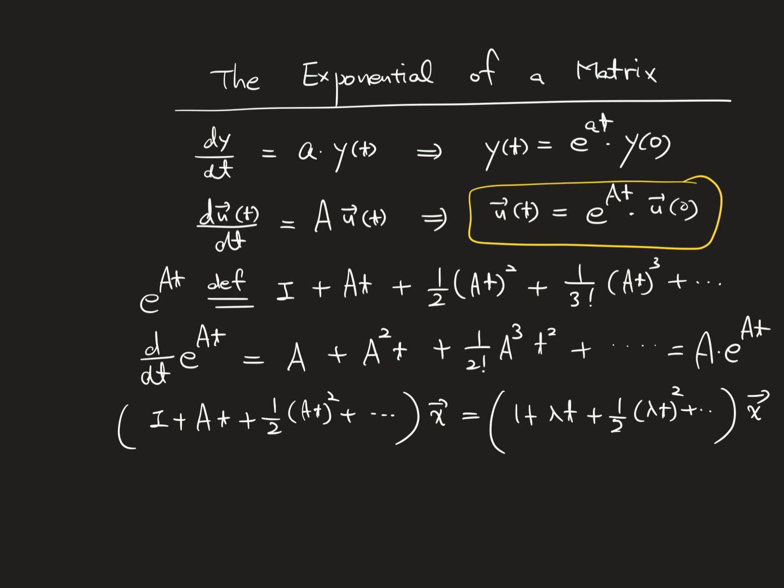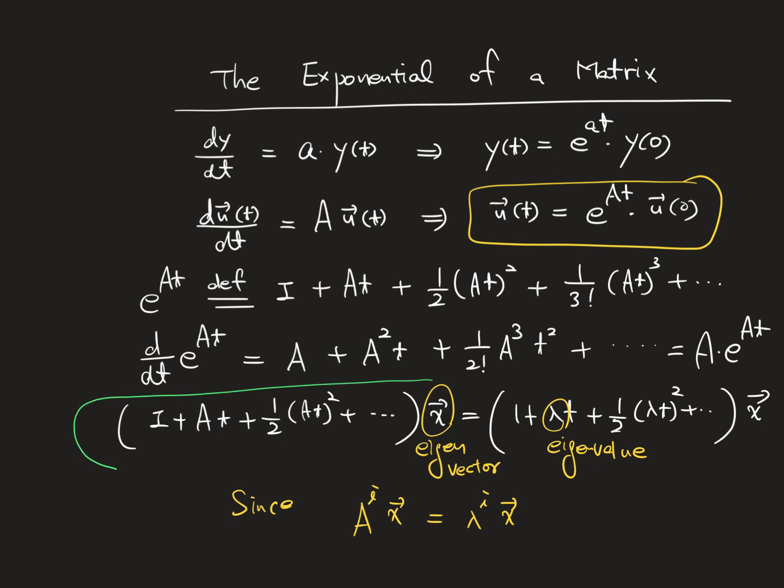The x vector here is an eigenvector, and the λ here is an eigenvalue. The reason is that since A^i x is equal to λ^i x for an eigenvalue and eigenvector, this is true.